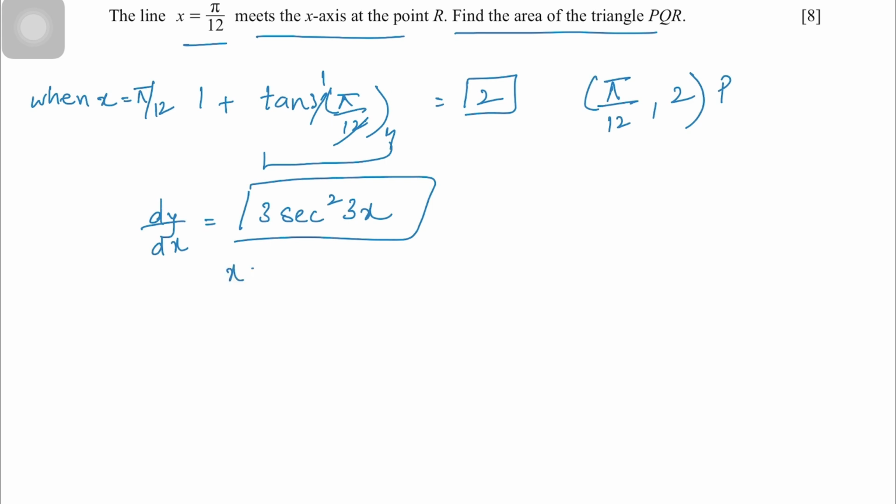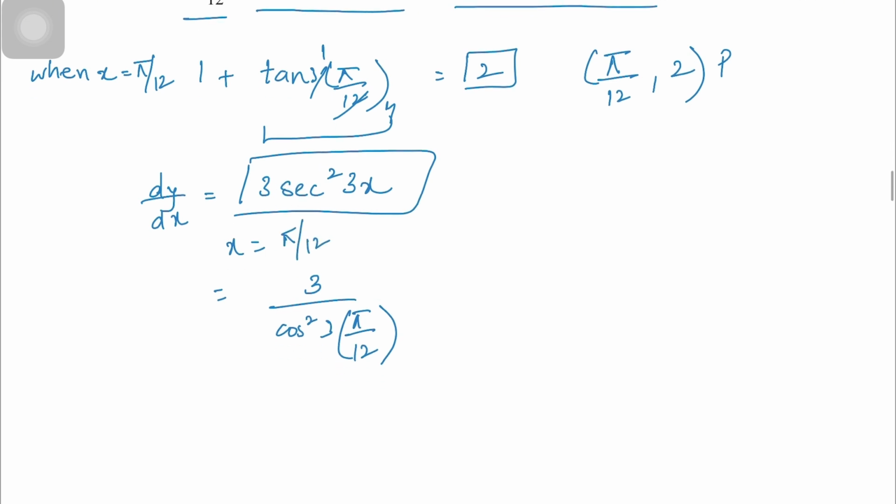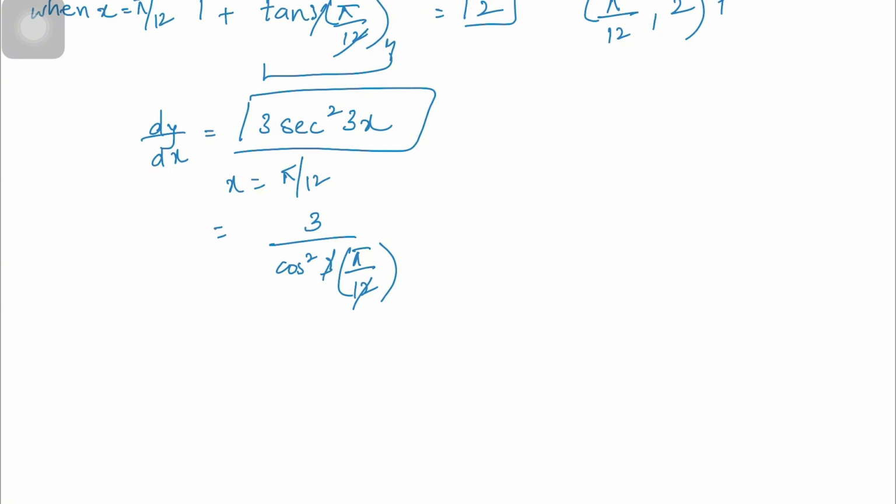We have our x as pi by 12, sorry, confusing it with y every time. So this would be 3 over cos squared 3 times pi by 12, so this would be pi by 4 and our gradient would be 6.